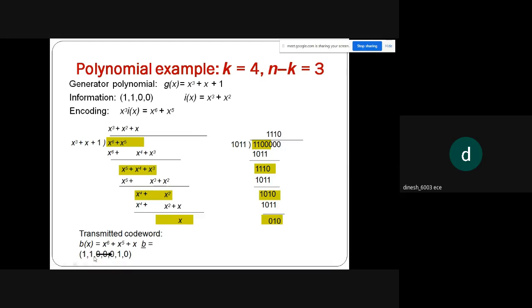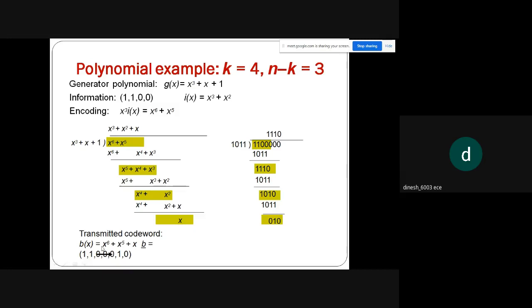this code word consists of n and n minus k. It consists of 4, as you can see here. It consists of k, which is 4 bits of information. This 1, 1, 0, 0 is k bits of information, and n minus k is 3. So 0, 1, 0.